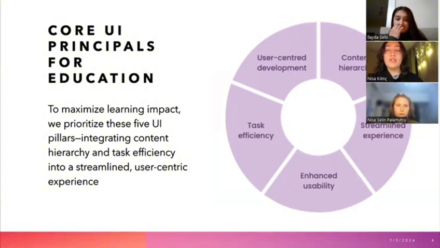We use visual cues like size, color, and placement to ensure the most important educational concepts are noticed first. The second one is task efficiency. The interface must allow students to complete assignments or maybe navigate modules with the fewest possible steps.